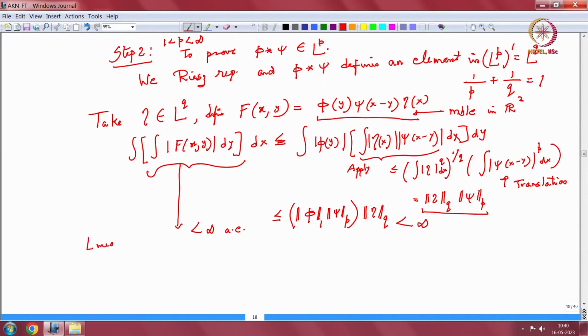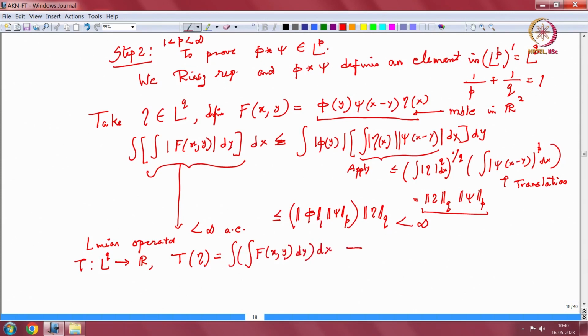So I have a linear operator T from LQ to R given by T theta equal to this double integral of f, because it is finite, dy of dx.